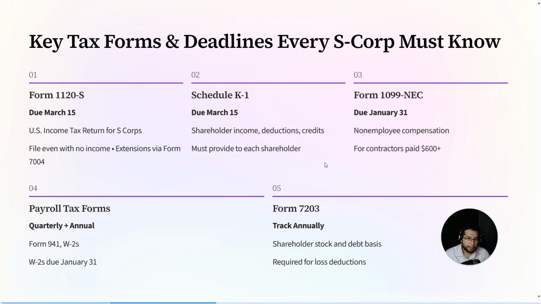This is super important. And then these other ones are kind of a little bit more situational, these next 2, and that's going to be Form 1099-NEC. This is essentially if you paid an independent contractor, maybe you paid, I don't know, a landscaper to mow your lawn for your business. You paid them more than $600. And now, at the end of the year, so January 31st, going into the next year, you would have to file what is called Form 1099-NEC, which is an informational return to the IRS saying, hey, we paid this person, they earned whatever you paid them.